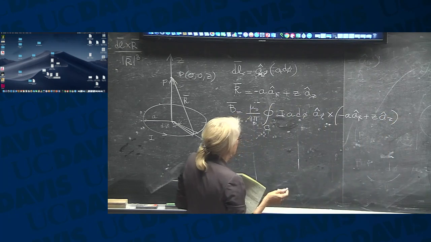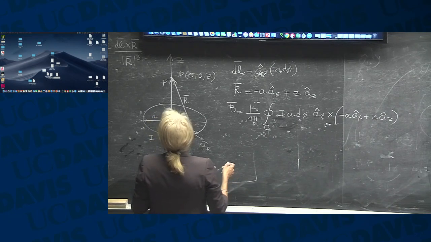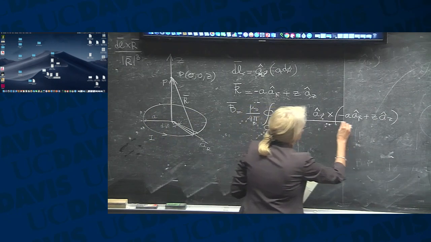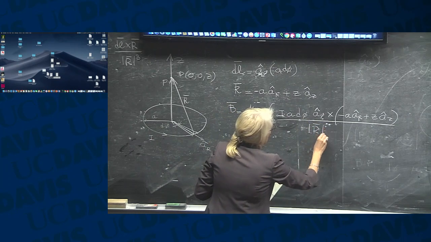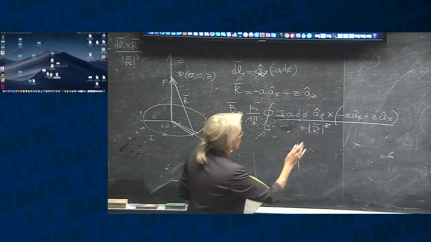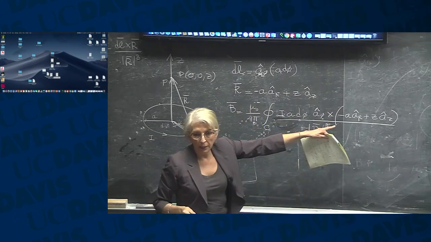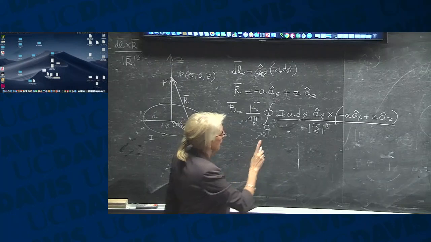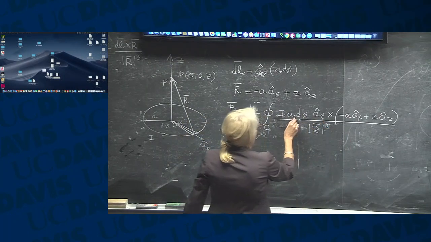Okay? And then divide by, I will put this to the third power for now, and then we'll come to this next. But I'm going to deal with the numerator. So let's take all of the constants out.